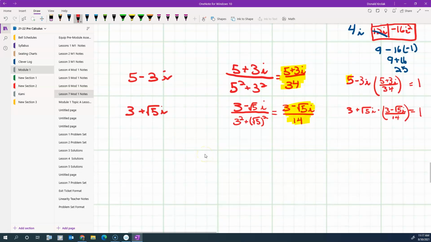What if you had something like root 3 minus i over 9?